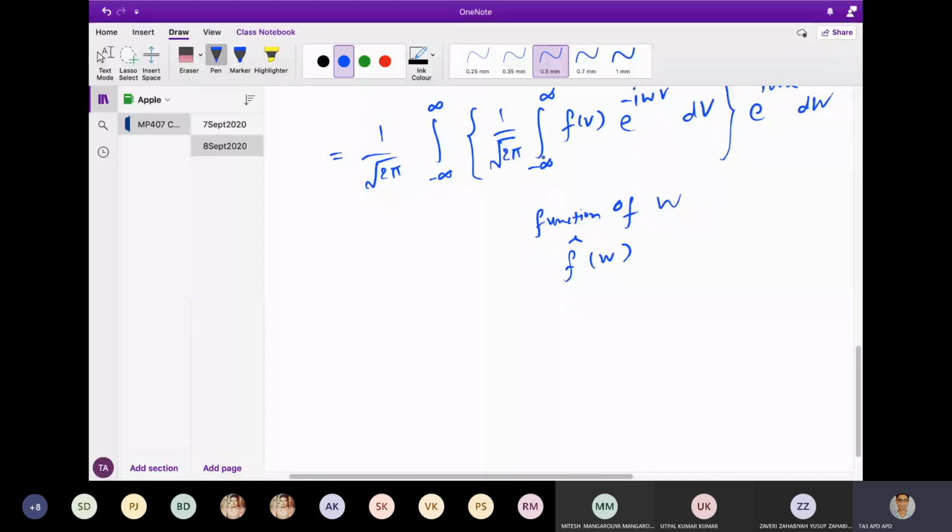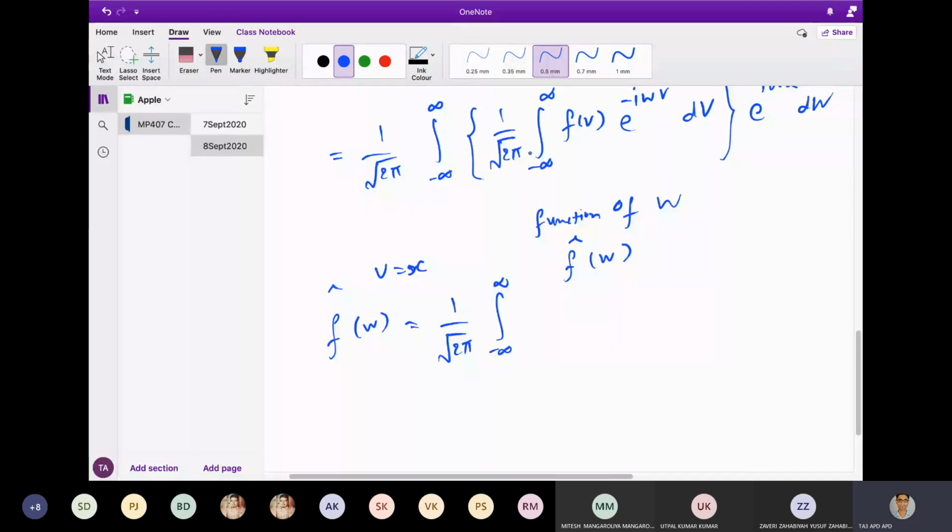So I'll write down over here f hat as a function of w is equal to 1 over under root of 2 pi, integral from minus infinity to plus infinity. Now I will just change the parameter from v to x, this parameter here.